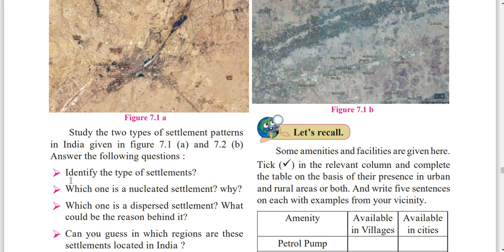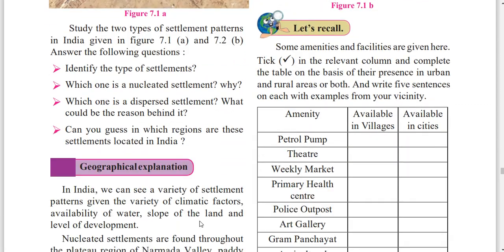Answer the following questions. Identify the type of settlements. Which one is a nucleated settlement? Why? Which one is a dispersed settlement? What could be the reason behind it? Can you guess in which regions are these settlements located in India?